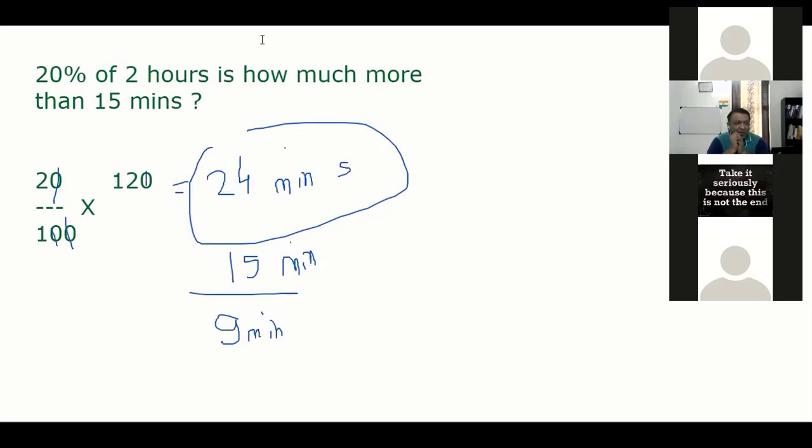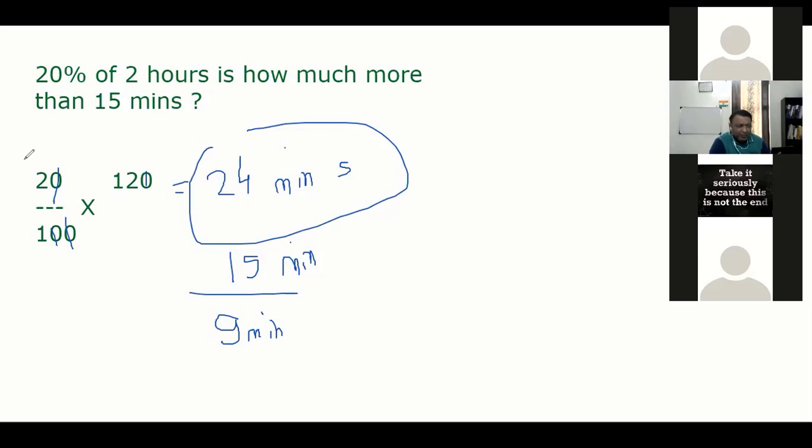Saksham, what does 20% mean? Suppose you get 80% marks. What does it mean? Means you get 80 out of 100 or not? Yeah. So if I say 20% means 20 out of 100.